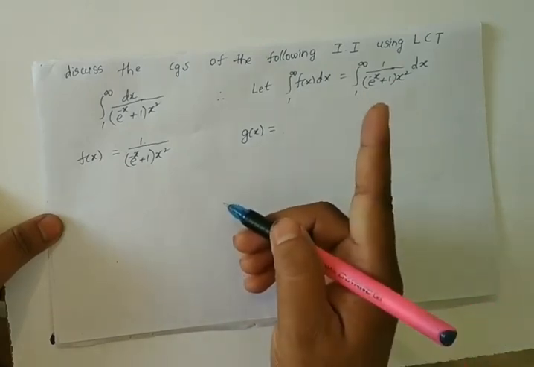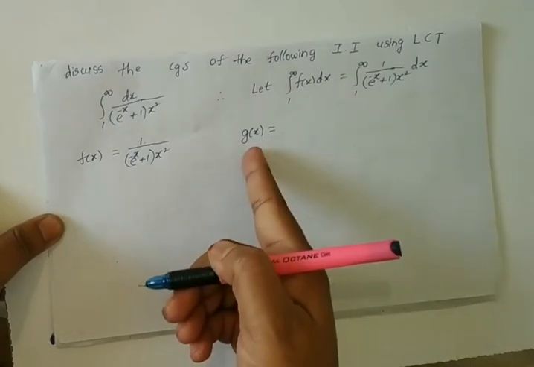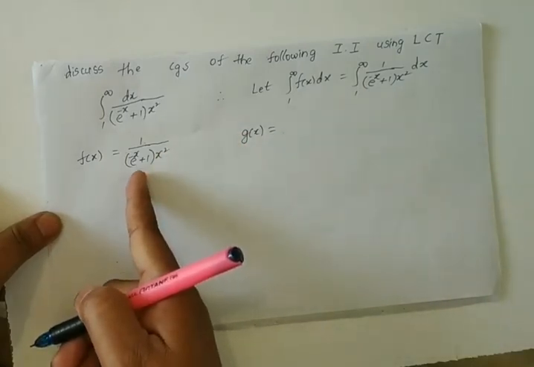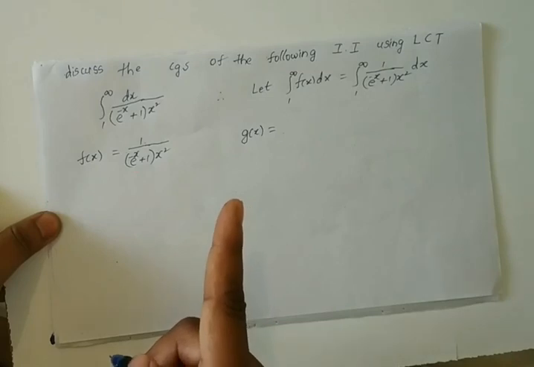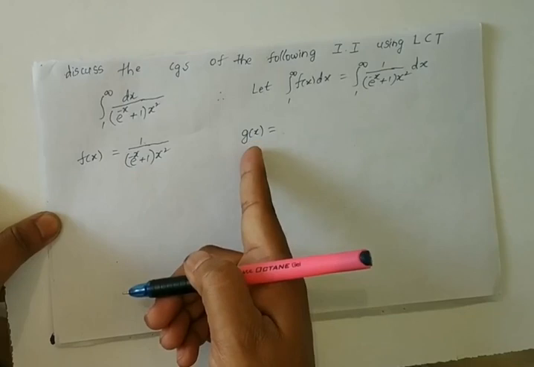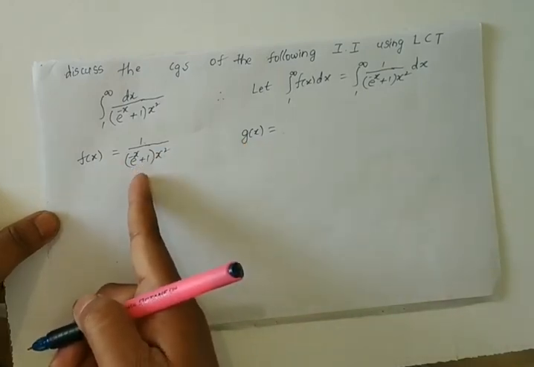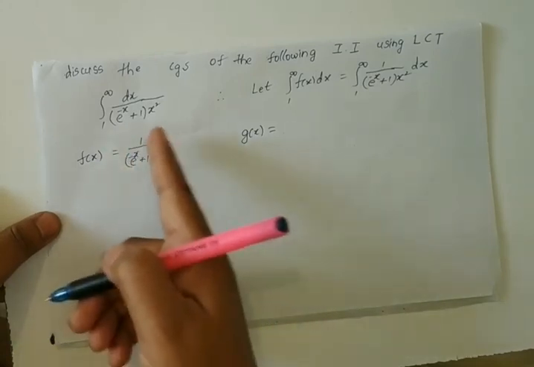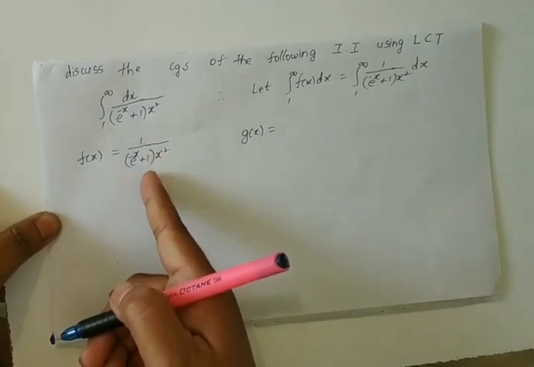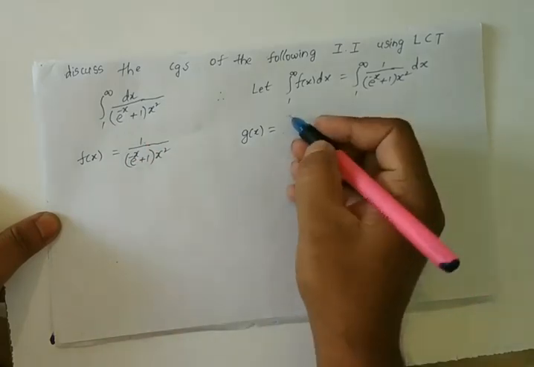Now, whenever you are choosing another function g of x, we just have to look at the given function, that is f of x. In f of x, the numerator is 1.